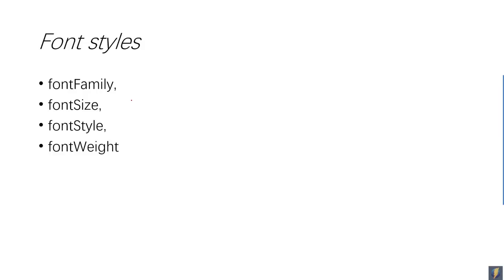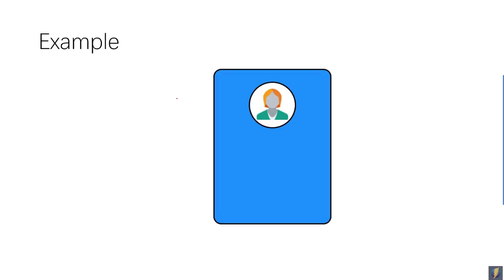Font size is normally 12 or 14, font style is normal or regular, and font weight may be bold or bolder. And next, this is our goal, our aim, our task. In this class we will do this example.